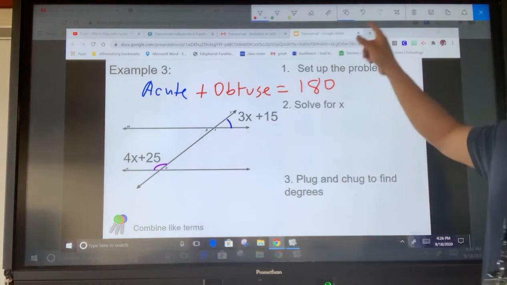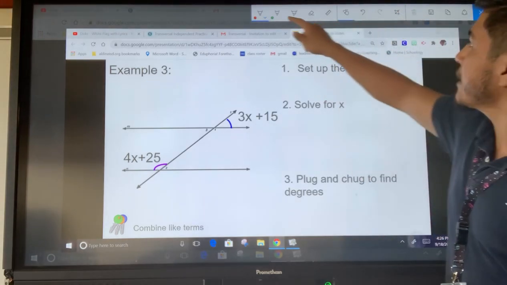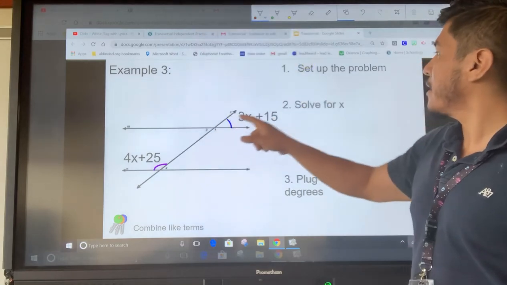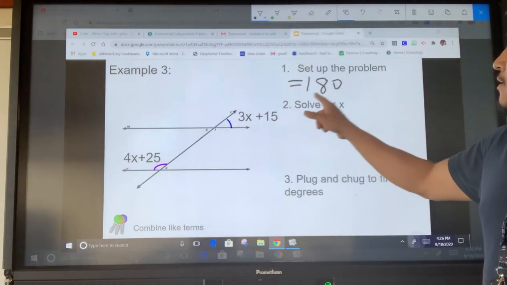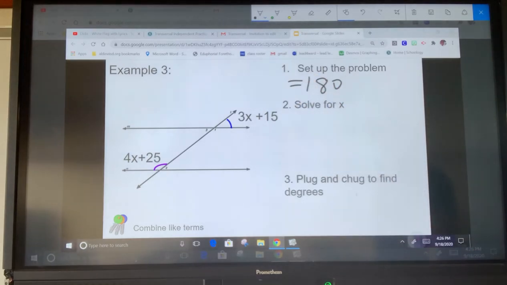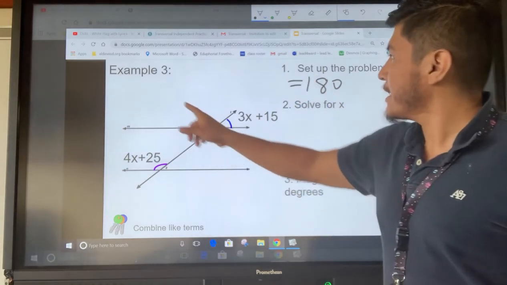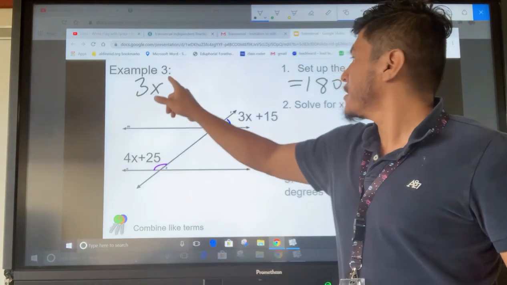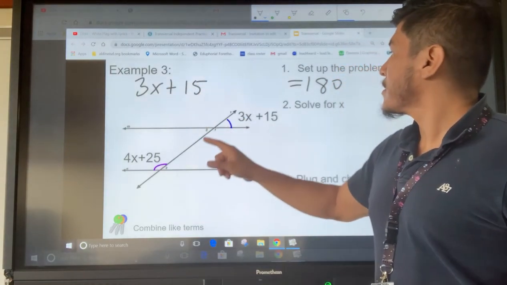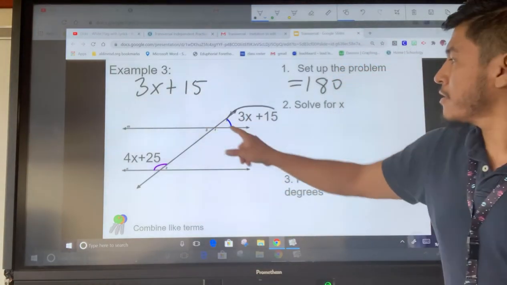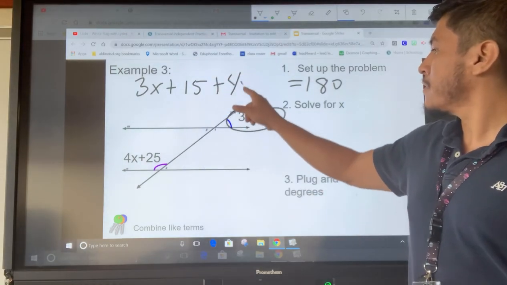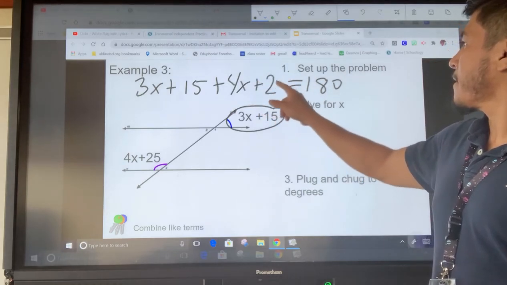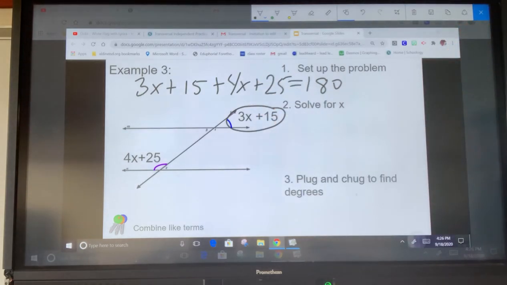That was from the major points. Remember that one equals 180. I'm going to write it in black. So that equals 180 from the major key slides. Now we're going to say acute, that's our acute angle, plus the obtuse angle. That's how you would set up that equation.